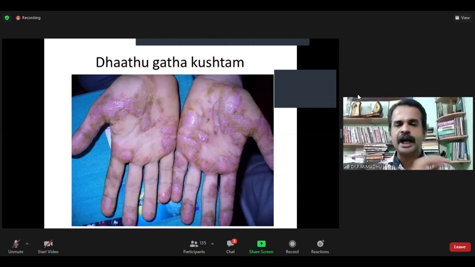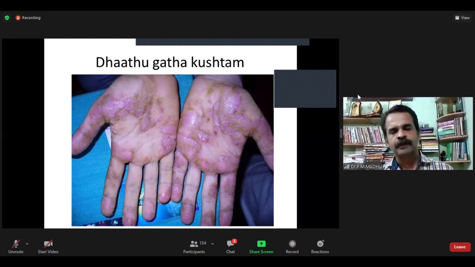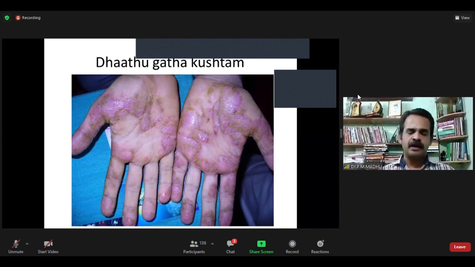See, Dhatugata Kushta concept means in the Kushta Prakarana itself we can see Mamsagata Kushta. In Mamsagata Kushta, you can see the Pani Pada Sphota.